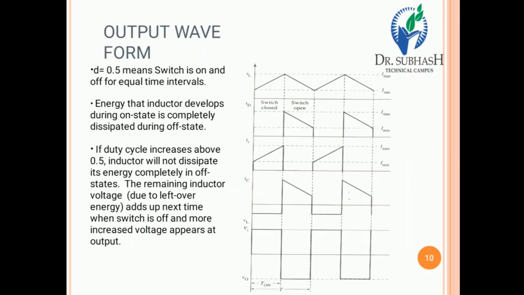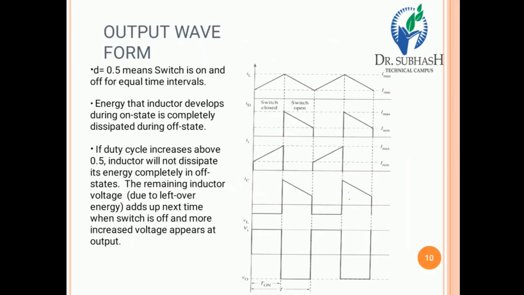Here we can also design this waveform by using a duty cycle of 0.5. That means the on period as well as the off period are both the same. So the switch is closed and the switch is open for equal intervals of time. So the energy that the inductor developed during the on state is completely dissipated during the off state, right?